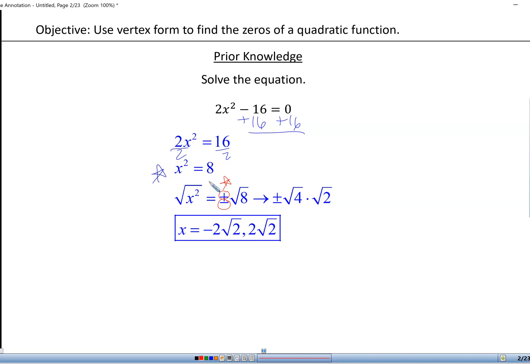And then we have to simplify. The square root of 8, 8's not a perfect square, but we have to realize that it does have a factor that's a perfect square, 4. And so we can separate it into the product. The square root of 4 is equal to the whole number 2. That gives us our final simplified answers of negative 2 root 2 and positive 2 root 2.